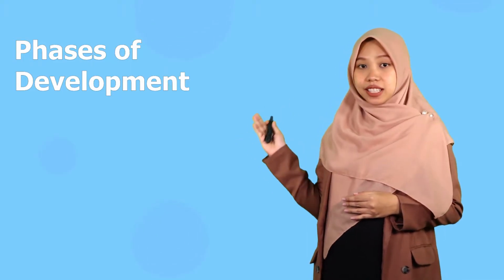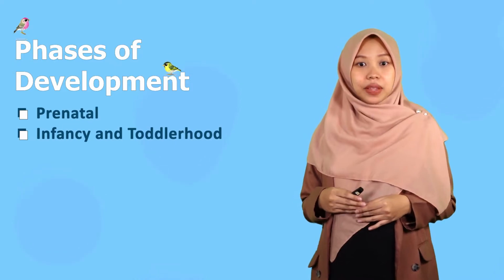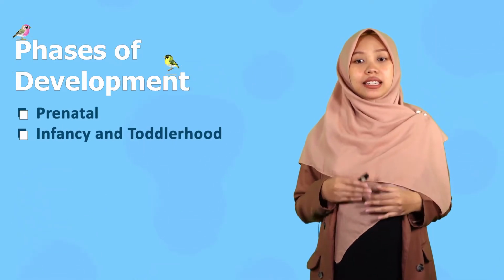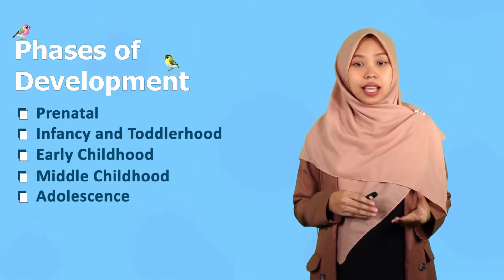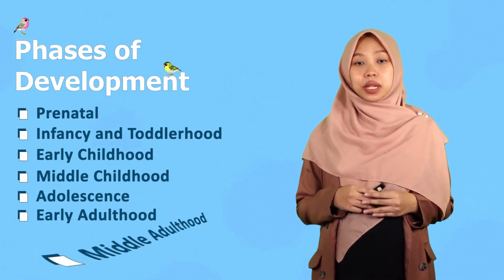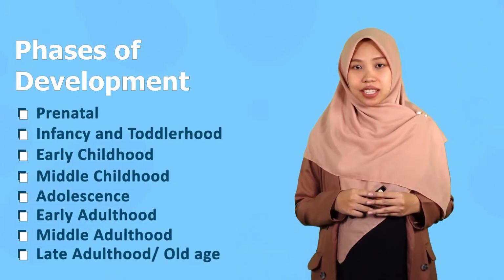Those are, as you can see here, prenatal, and then infancy, early childhood, middle childhood, adolescence, early adulthood, middle adulthood, and late adulthood or old age. Now let's discuss the first stage, prenatal.